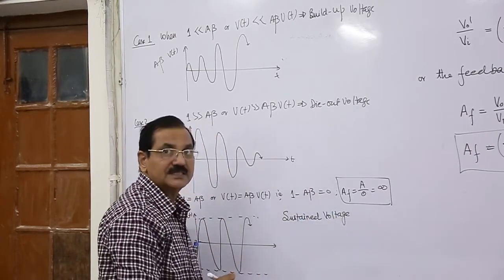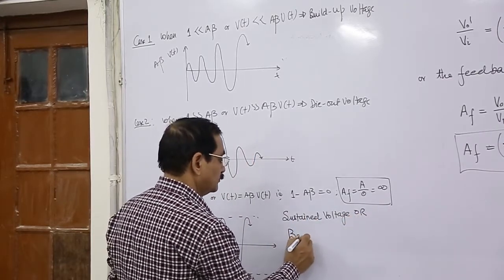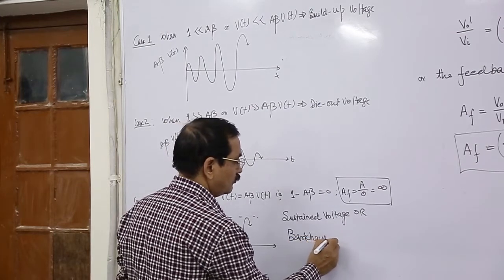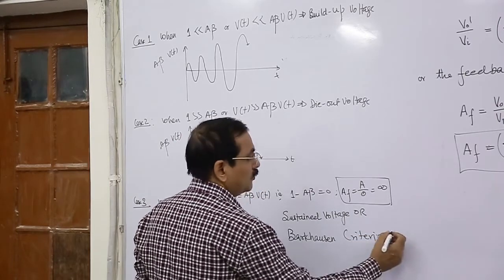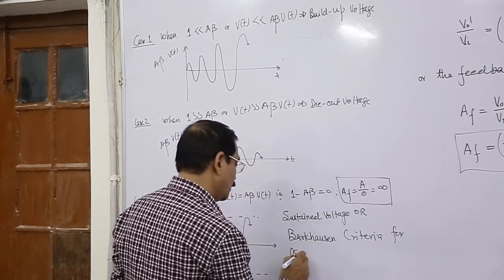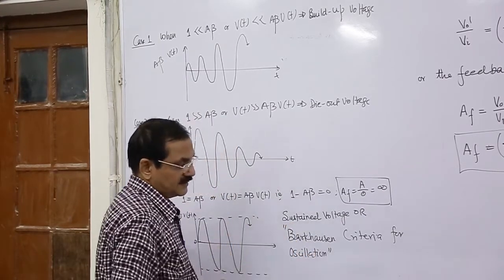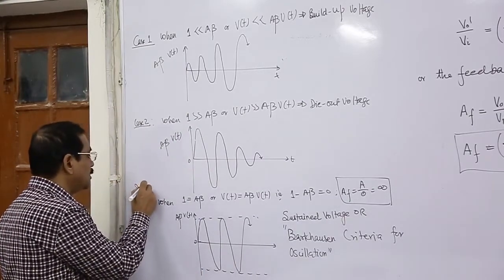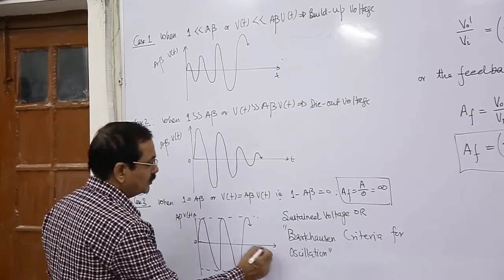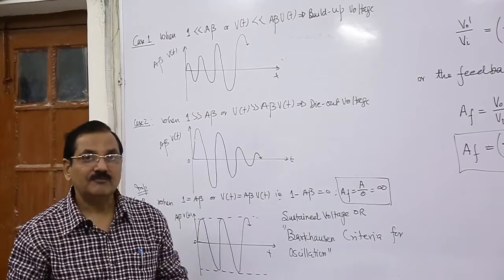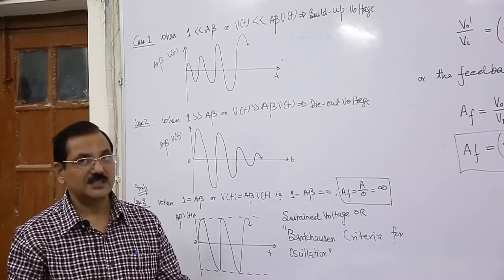This is the sustained voltage, or this is known as the Barkhausen criteria for the oscillation. This is important. Case 3 is very important, that gives the sustained oscillation, that is, the amplitude remains constant with respect to time. And we want a circuit in which this kind of oscillation is there.